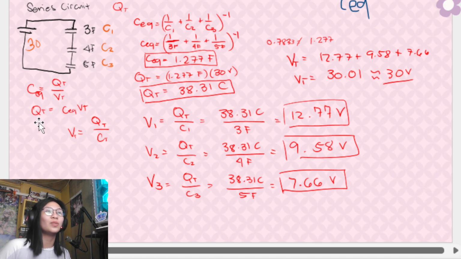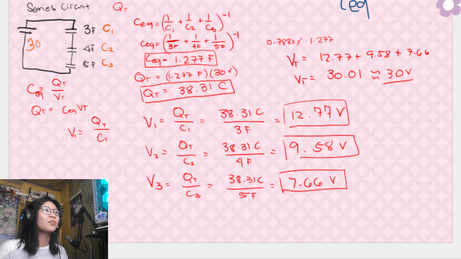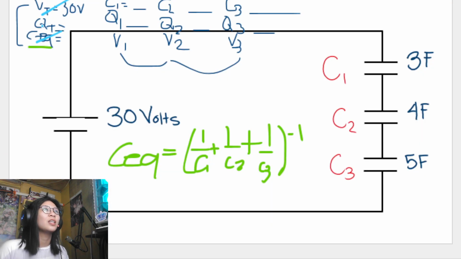So, QT is equal to CEQ multiplied by VT. Okay, so that is 1.277, which is our CEQ, and 30 volts, that is our total voltage. So that our QT is 38.31. Therefore, we can check the QT and check the individual charges too, kay equal naman sila.